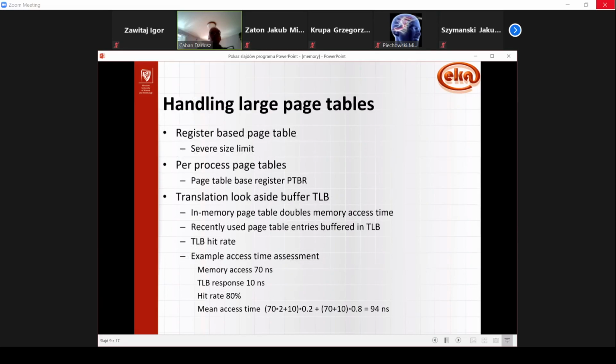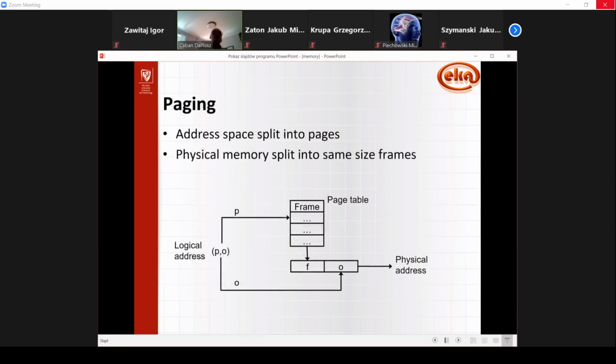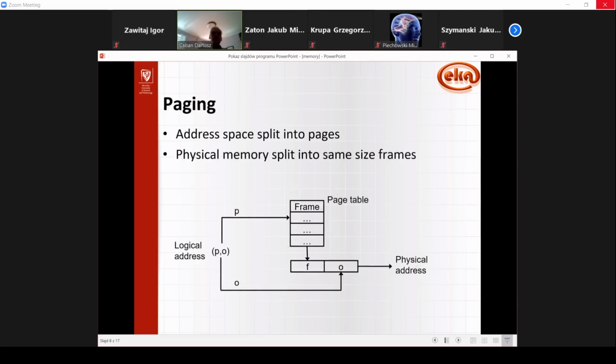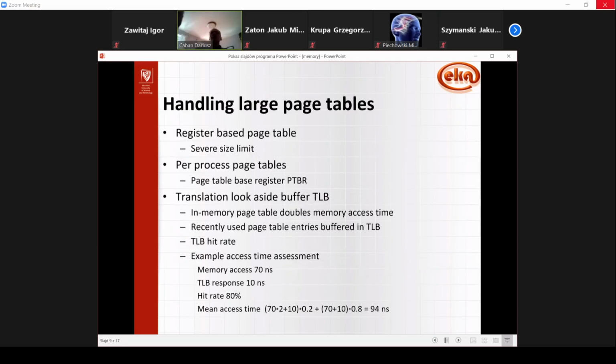Okay, so we have the page tables. There is something else which is a big problem, both in segmentation and in paging, and this is how to handle the pages in memory. The segmentation tables are usually quite small, which means the problem is not really very big. But in the case of page tables, they are often very large.